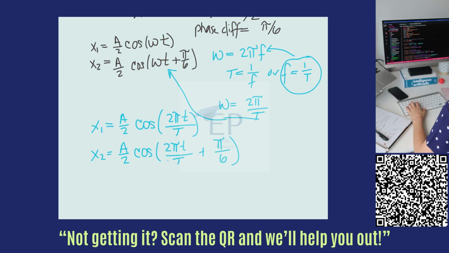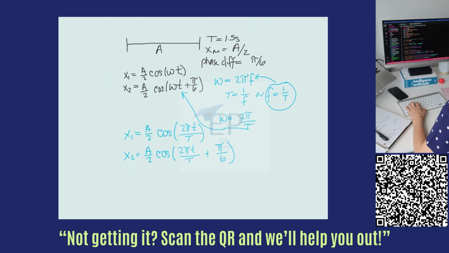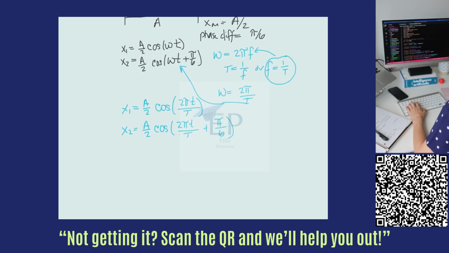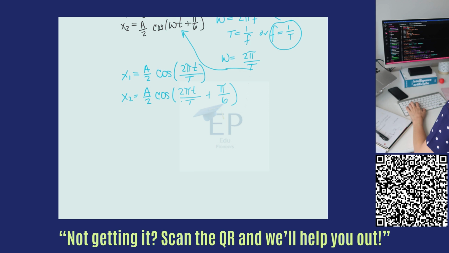And now we can actually substitute in our known values of our period and our time, because we know that our time is 0.5 seconds, because we're trying to figure out how far away they are from each other 0.5 seconds after restarting one of the cycles.